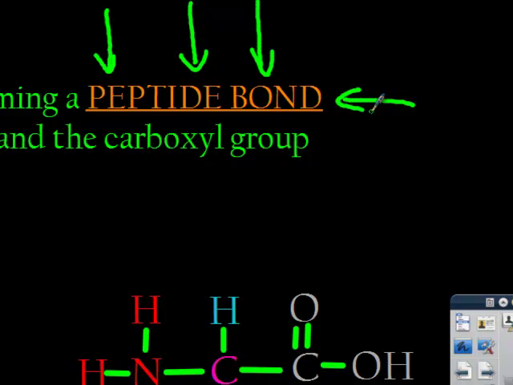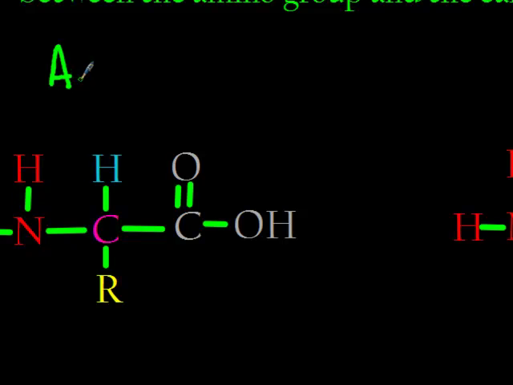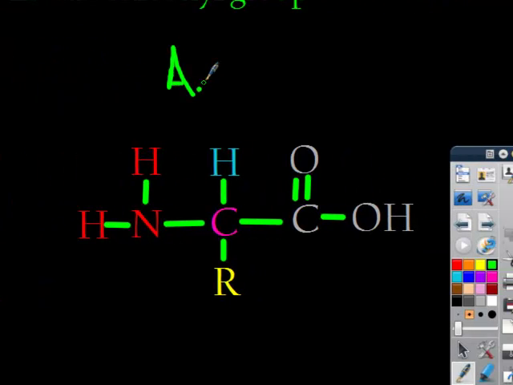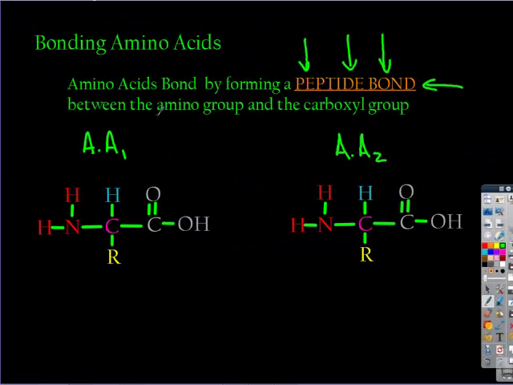I've gone ahead here and made amino acid 1, AA1, and this is amino acid 2. So we have 2 of them somewhat together. And you can see what's going to happen is that you're going to get a peptide bond that forms between the amino group and the carboxyl group.